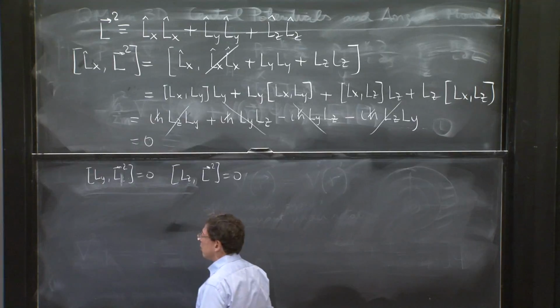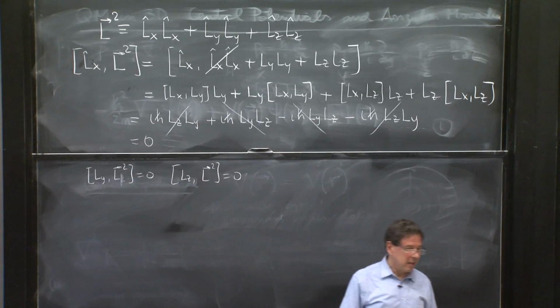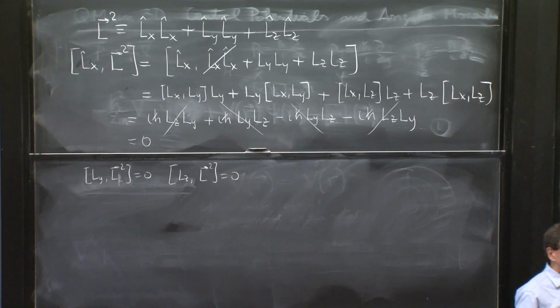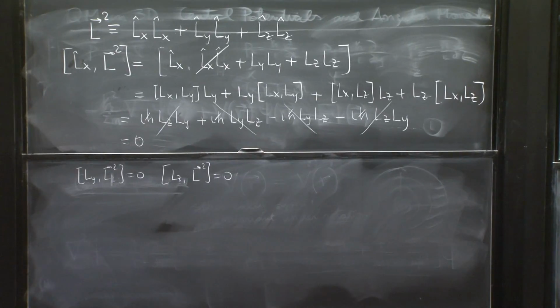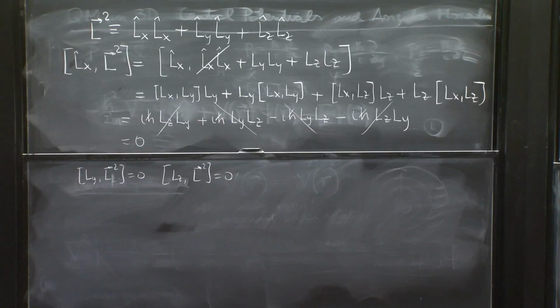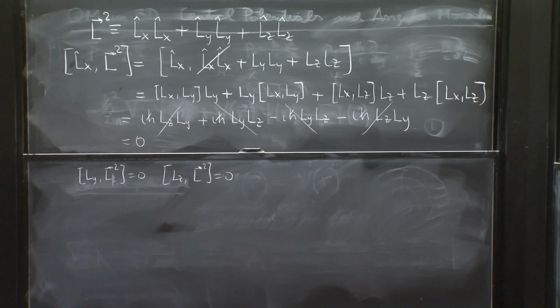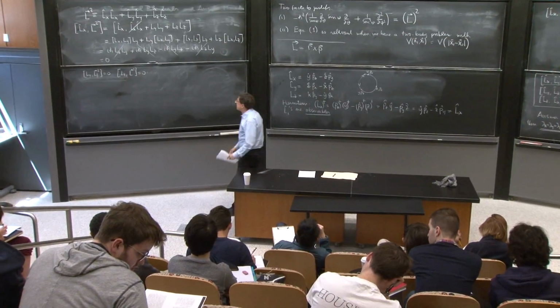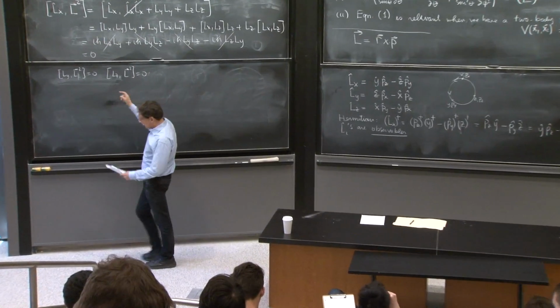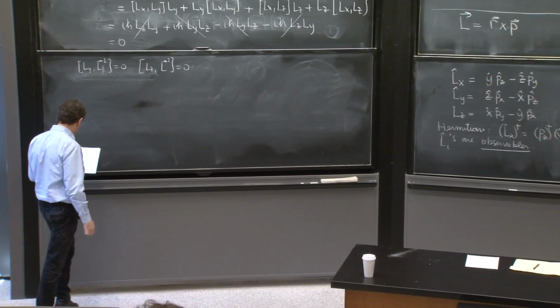So you have a choice. You can choose Lx, Ly, or Lz, and L squared, and try to form simultaneous eigenstates from two of them. Let's study those operators as differential operators a little bit.